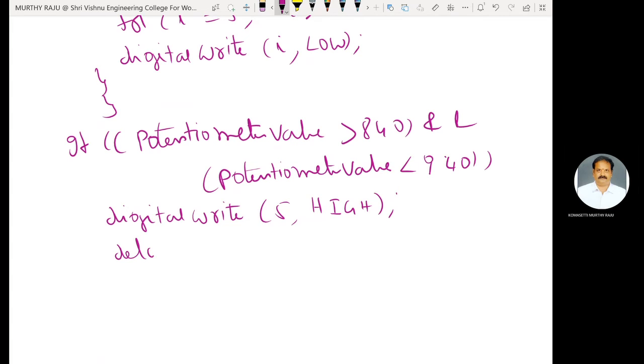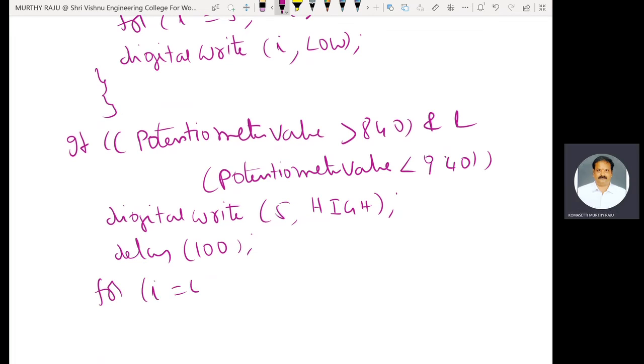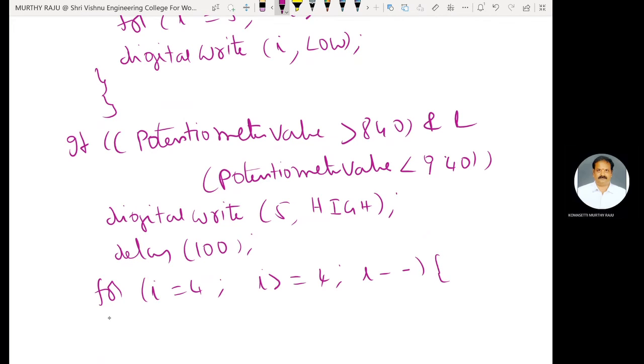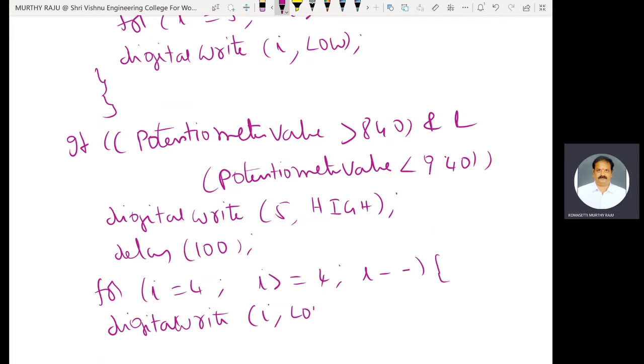Delay 100 milliseconds. For I is equal to 4, I less than or equal to 4, I minus minus, digital write, low.